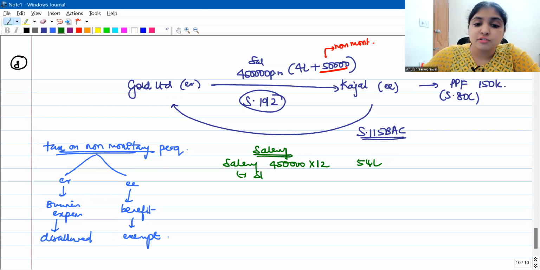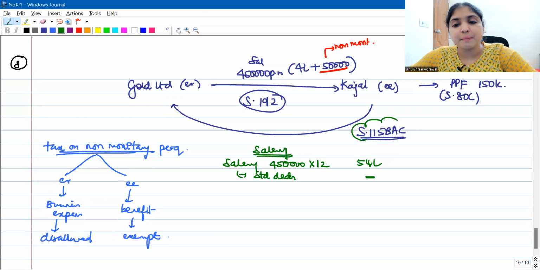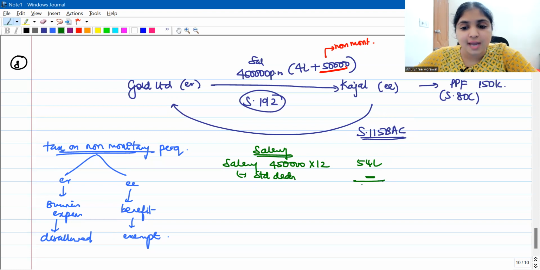And from salary, generally, what do we deduct? Standard deduction of 50,000, which we will not deduct because my employee wants to follow 115 BAC. If you follow 115 BAC, you don't get standard deduction. So my assessee's taxable salary will be 54 lakhs.